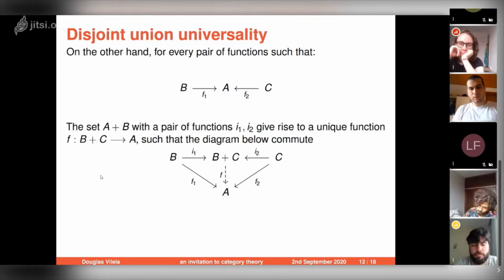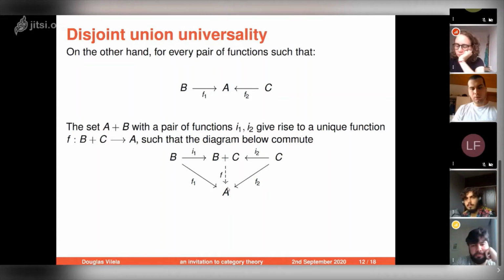We saw in the earlier slide that for every function from this set to this set, we can construct a unique pair of functions, where one of the functions goes from B to A, and one goes from C to A. And that universal property says that for every pair of functions like that, we can construct a unique function from this disjoint union.